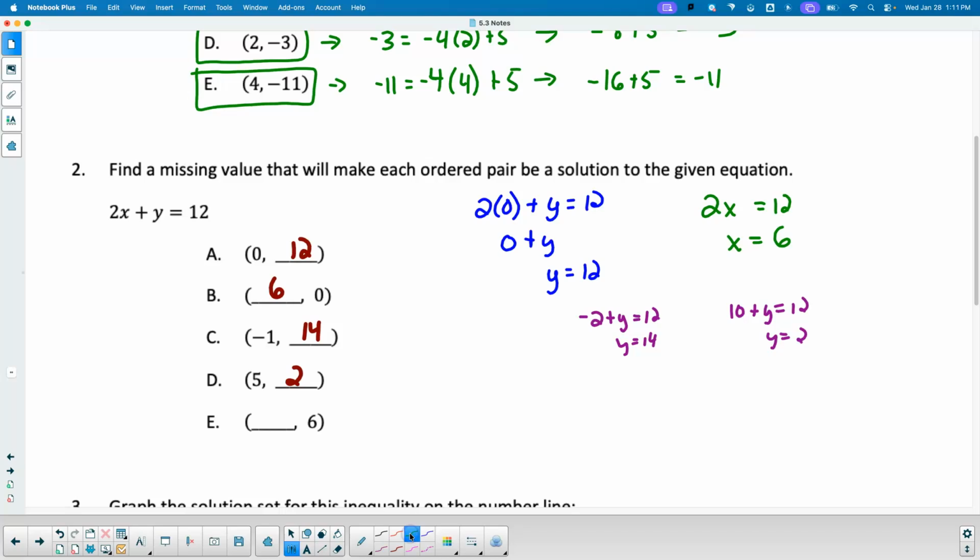And 2x plus 6, which would be an x, is 12. 2x is 6. X is 3. Okay? I really wanted to focus in on A and B there, because those are the intercepts for that one. Okay? Love it.